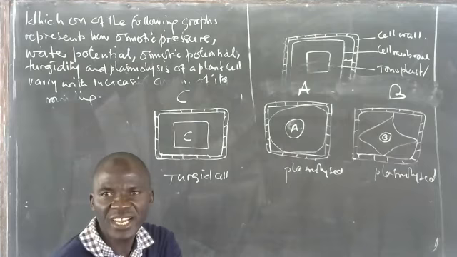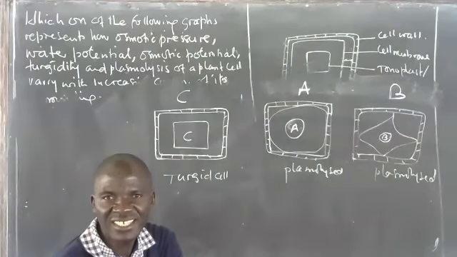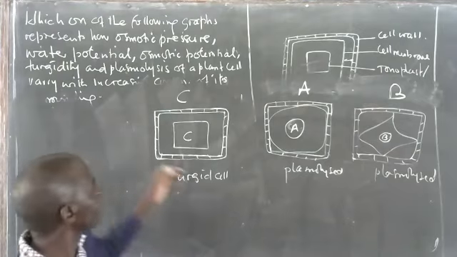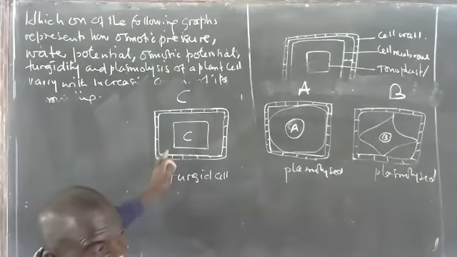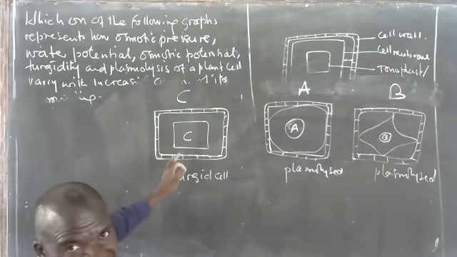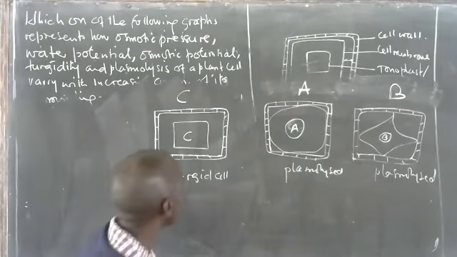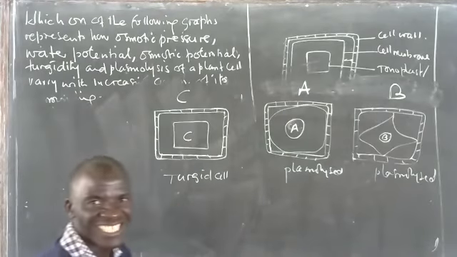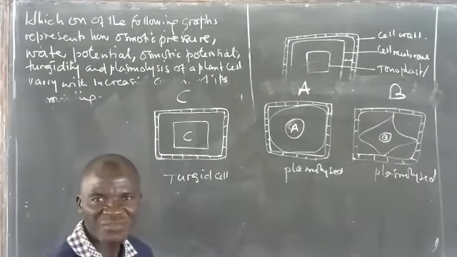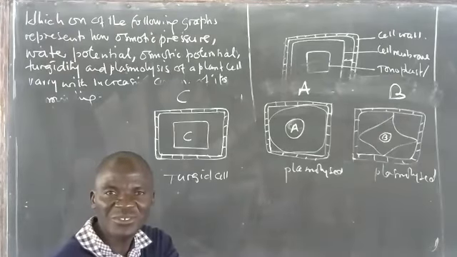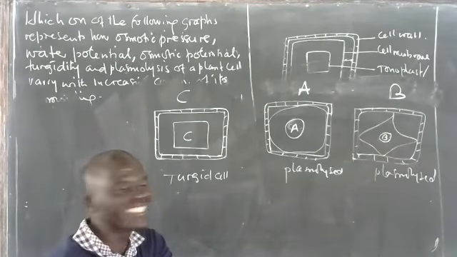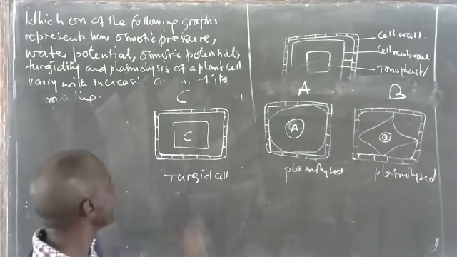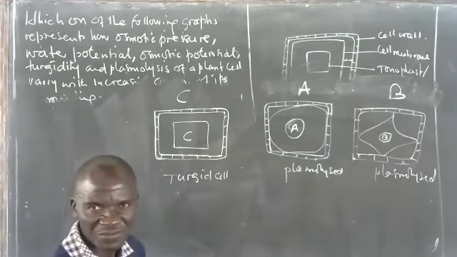We are waiting for the answer. C. C. Yeah, good. Thank you very much. It is C, the most hypotonic solution. Why? It is turgid. It has absorbed too much water. How have we known? We can't see the cell membrane.